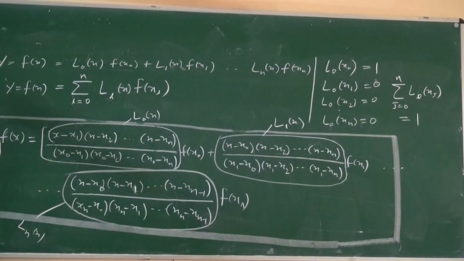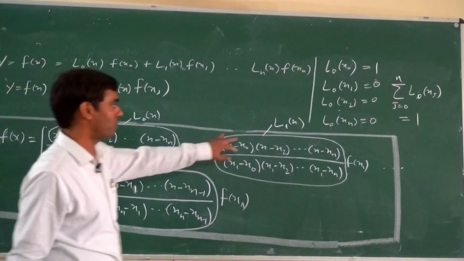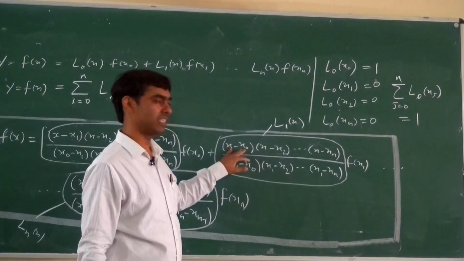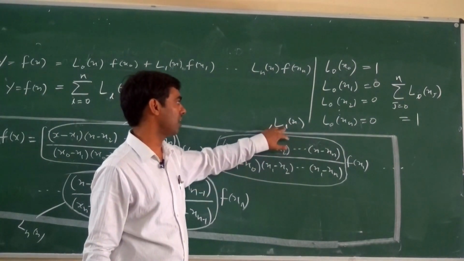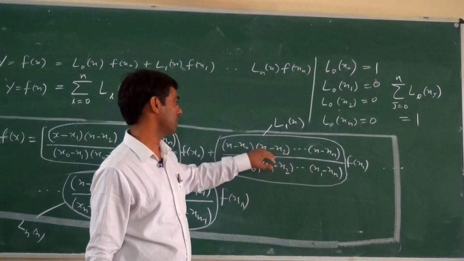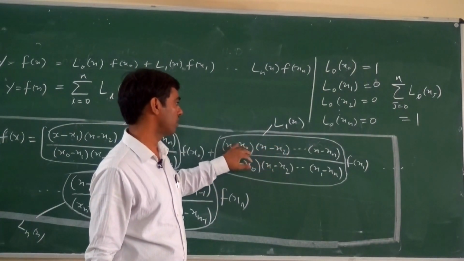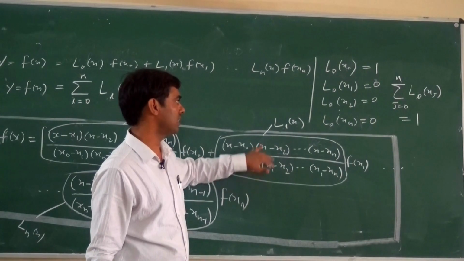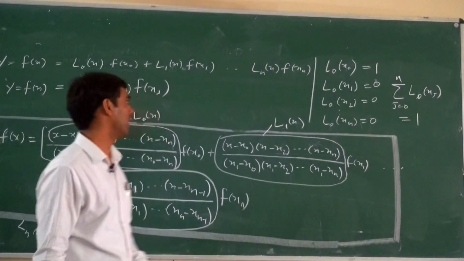Now if we describe the second property, what is the value for L1 x0? This one is again 0. But if we write L1 x1, L1 x1 equals numerator over denominator, so L1 x1 becomes 1.